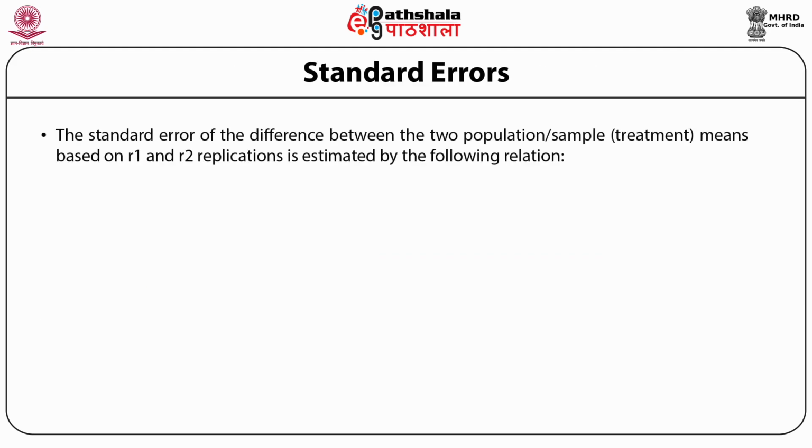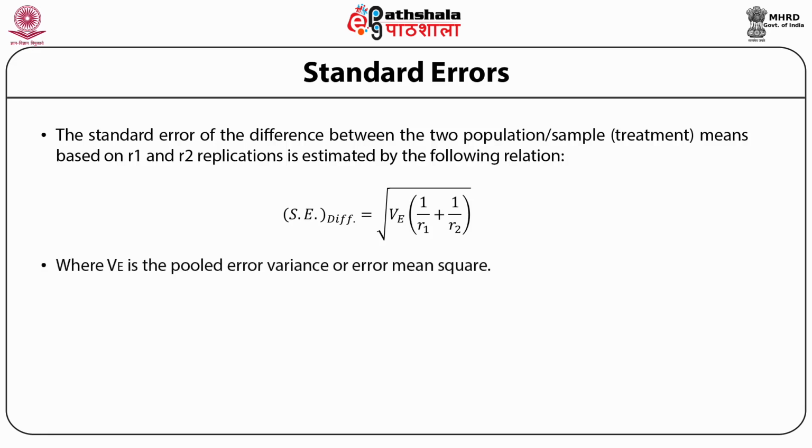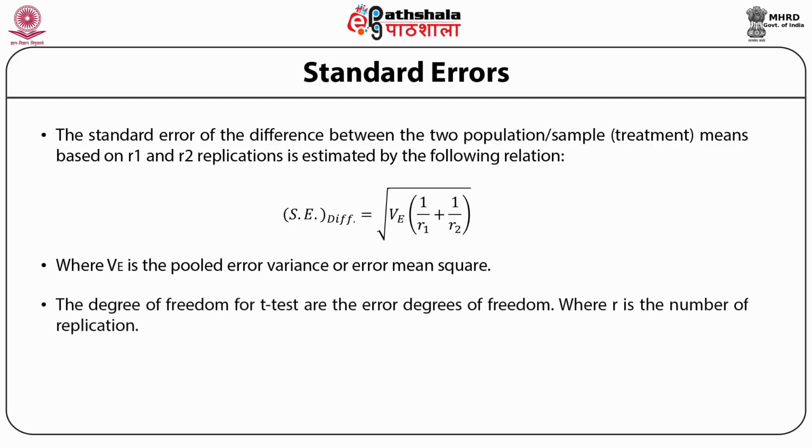In this case, the standard error of the difference between two treatment means based on R1 and R2 replications is estimated by the square root of V times (1/R1 plus 1/R2), where V is the pooled error variance or error mean square. If R1 is equal to R2 is equal to R, the formula reduces to the square root of 2VE upon R. The degrees of freedom for the t test are the error degrees of freedom.